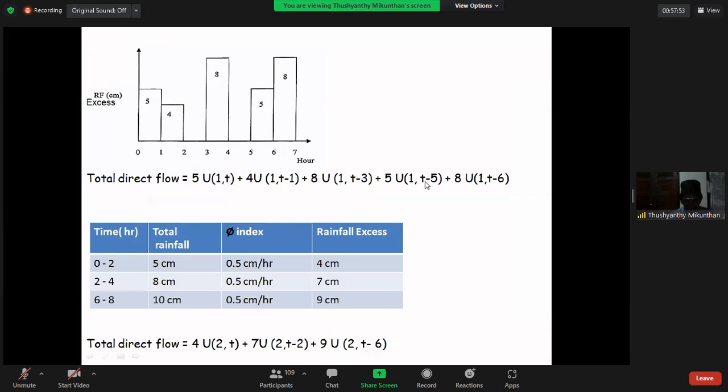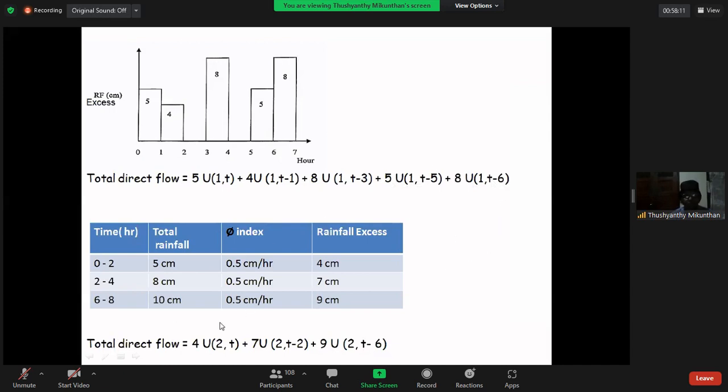It is because of the minus: after that only the second rainfall started, t-1. Then after 3 hours here, t-3, then t-5, then t-6.